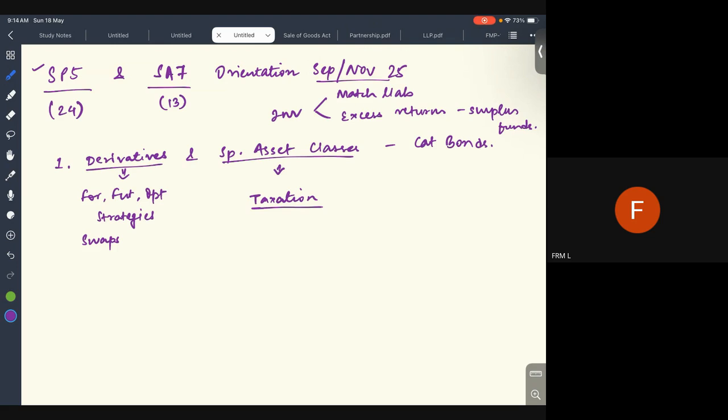It is like a cess charged by them. So now, under taxation, we'll be looking at different kinds of taxation regimes. So globally, all countries follow different kinds of taxation regimes. We will be looking at all the different kinds that are available. We will be looking at their impact on our investment choices.